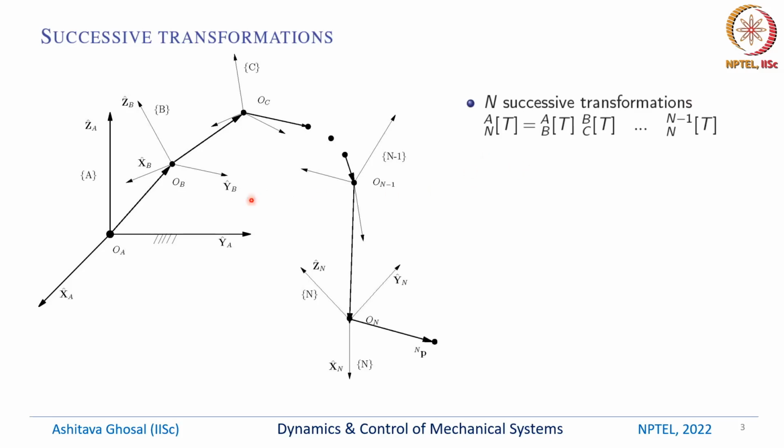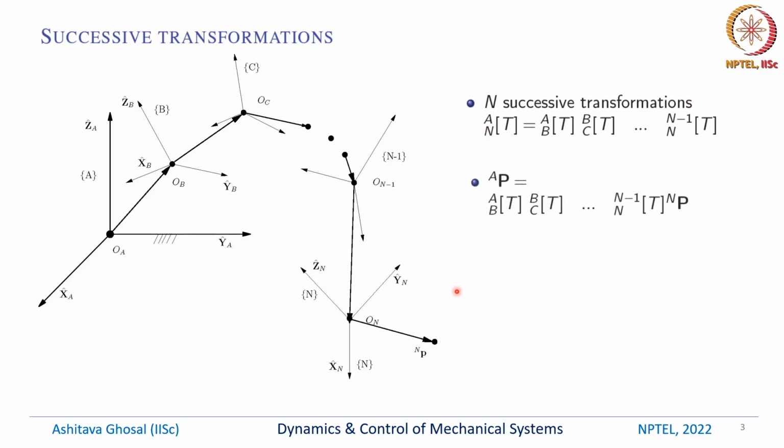In order to do that, we need the transformation matrix from A all the way till N. So N with respect to A, the 4x4 homogeneous transformation matrix is nothing but a product of all these matrices. So we go from A to B, B to C, all the way till n-1 to n. Each of these are 4x4 homogeneous transformation matrices containing both rotation and translation.